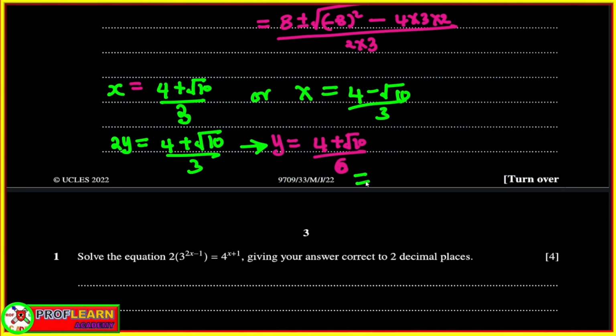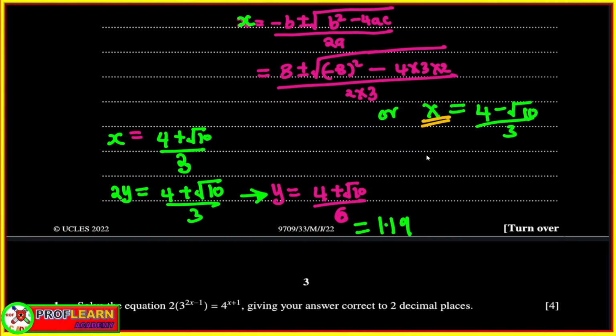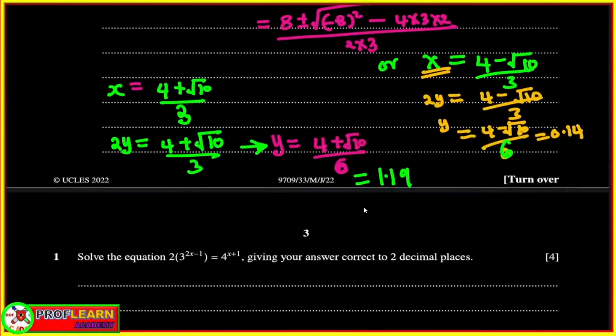All right, so if you work it out, you're going to get 1.19. The other part, we're going also to work it out, and we end up getting a negative answer in this case. But if you put the answer that you have gotten there, negative 0.14, in the logarithm, it's going to give us a negative log.